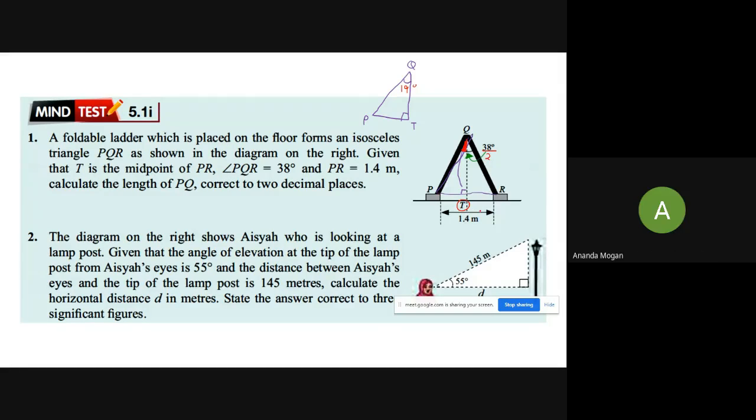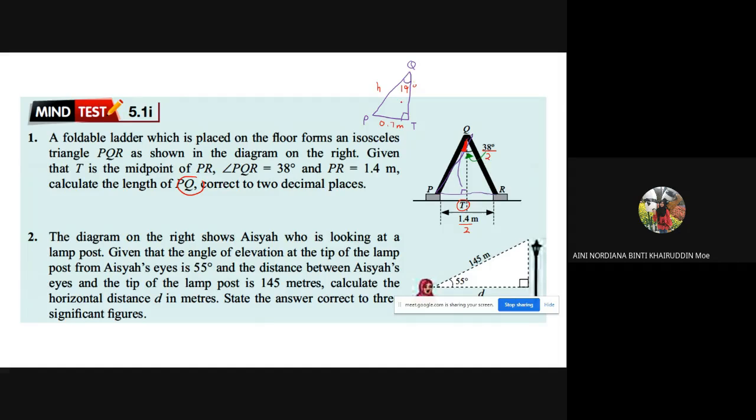Yes, correct. Nadia again. 0.7 meter. You divide 1.4 meter by 2. So now, we want to calculate the length of PQ. So PQ is the hypotenuse.